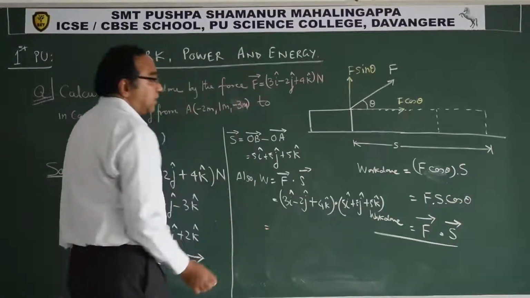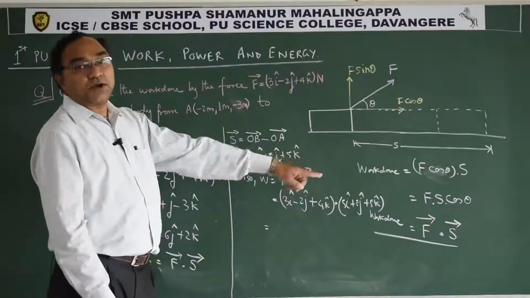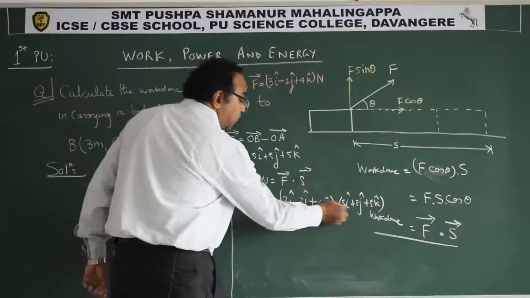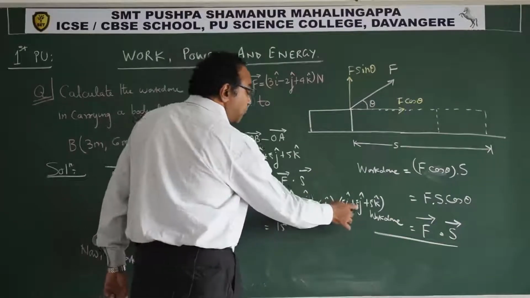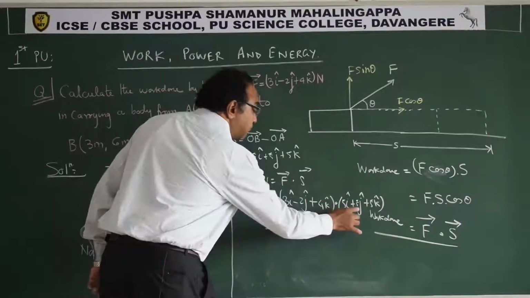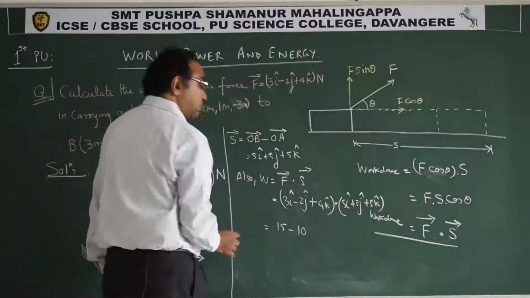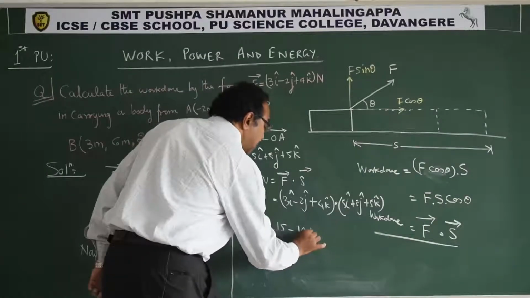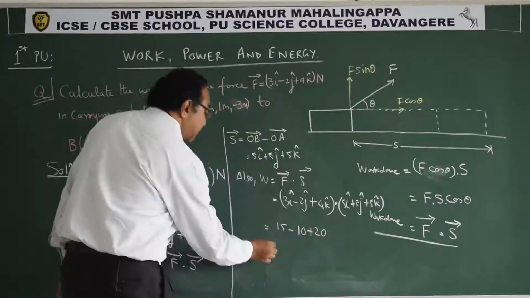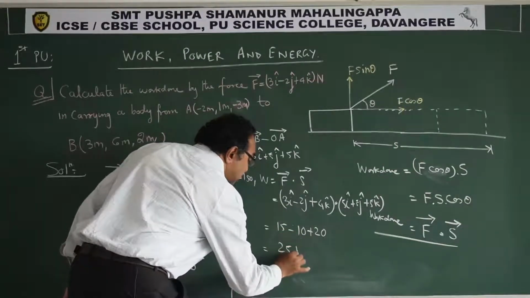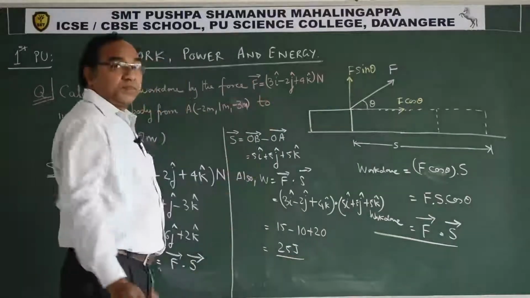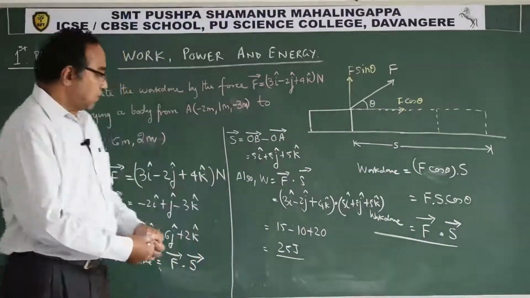Now how do you take? If you remember just now what we did, the dot product, 3, 5, 15. I dot I is 1. Minus 2 and 5. This is minus 10. 4 and 5 makes it 20. So this is how much? This is 25 joules. See, that is exactly how dot product works.